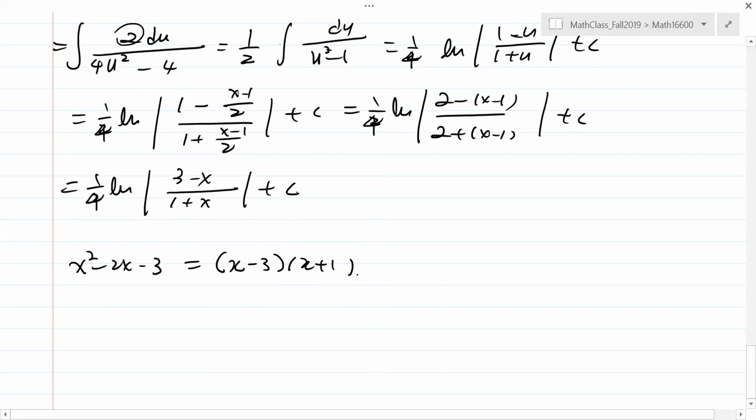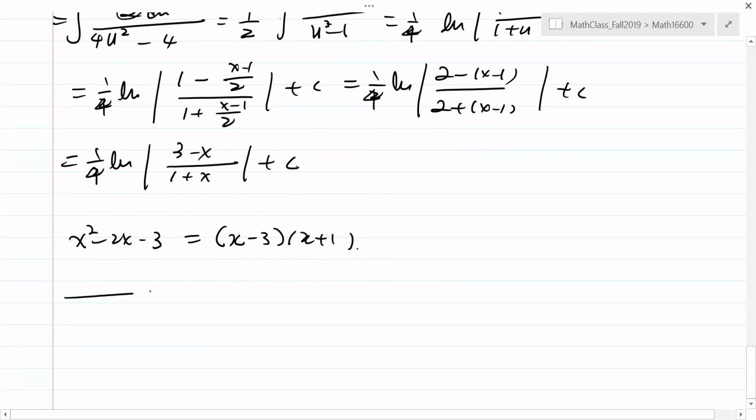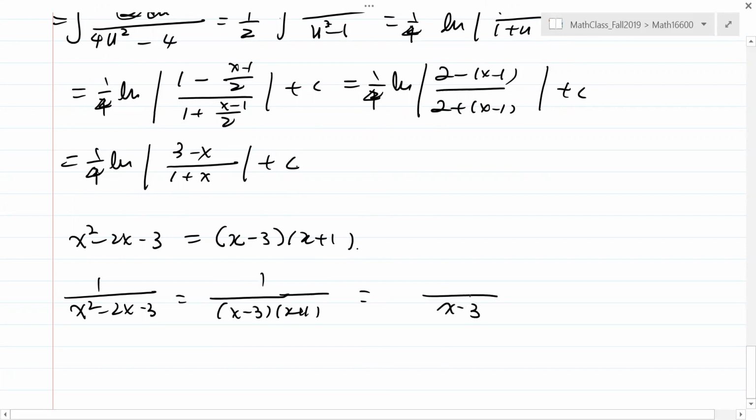The answer is yes. If you put in the denominator, you get (x minus 3)(x plus 1). Can you separate them? Usually it's a minus, because I want to get rid of x. When you combine those two terms, I get 4, so I have to divide by 4.